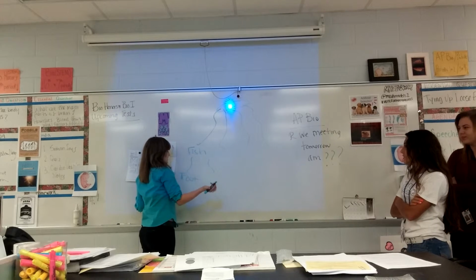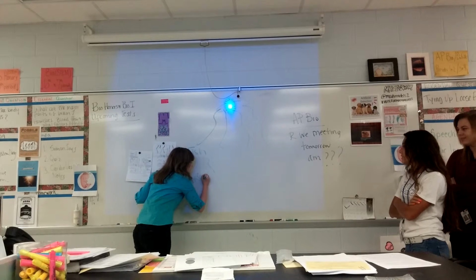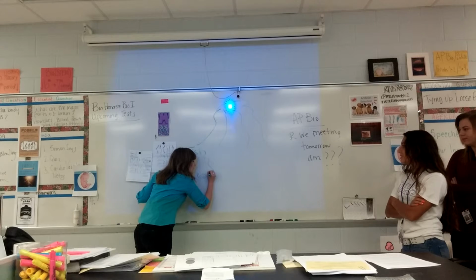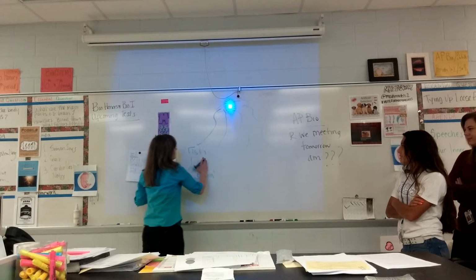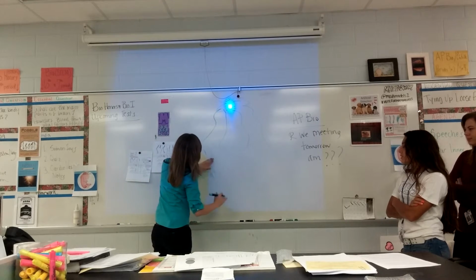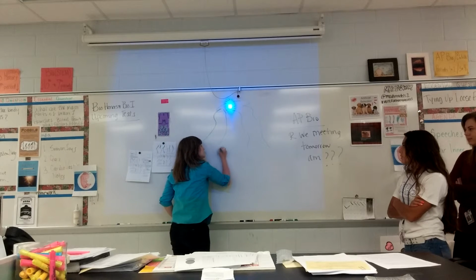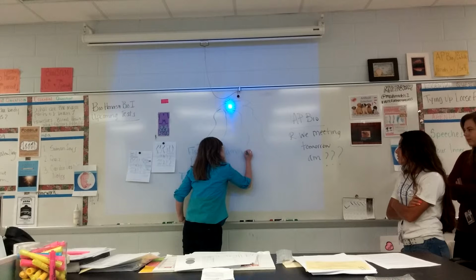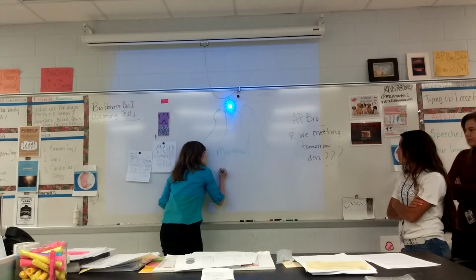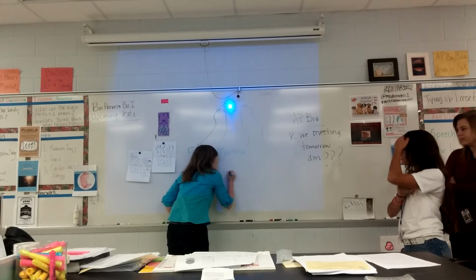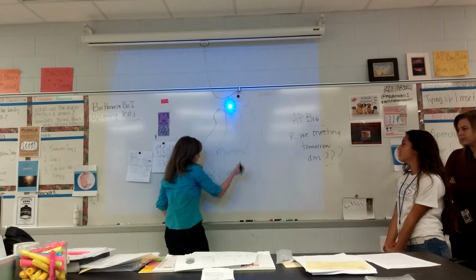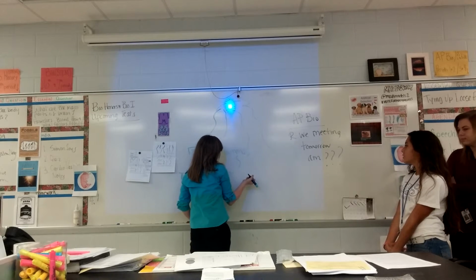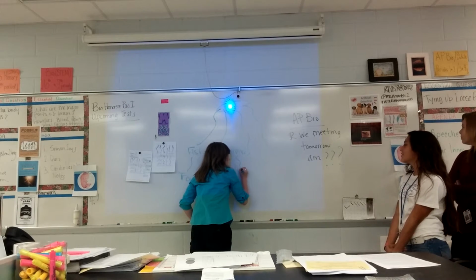And then maybe you have like a capelin. I don't know if I spelled that right. It's not really that important. And then, let's say from this common ancestor, then you have mammals. So from mammals, you have things like a whale, which is a mammal. And then you have things like a human.